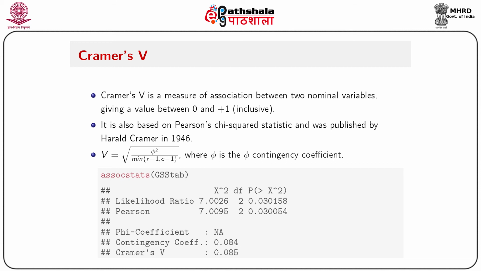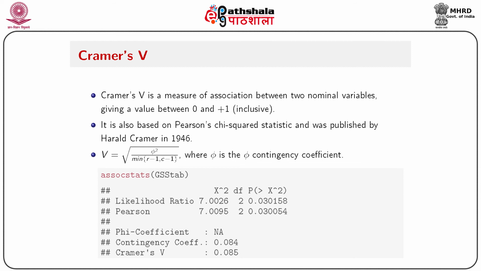So here the function that I am going to use is assocstats, and I will pass the GSS table that we used several times earlier through this function, and it will give you the results. One part is the likelihood ratio test and the Pearson test, and then it also provides the three different coefficients that we learned about in the last few slides.